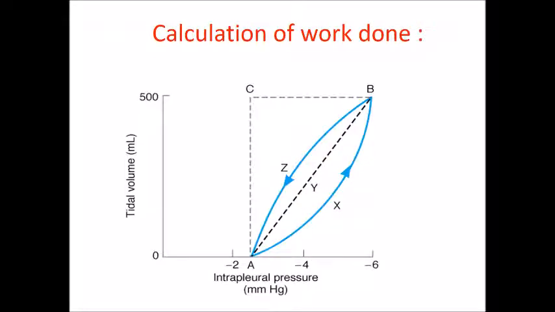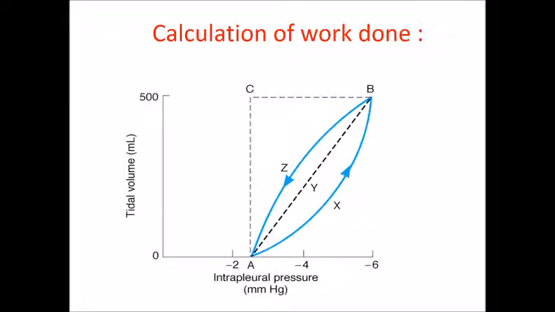Now this is our compliance diagram, delta V upon delta P. So on the y-axis there is delta V, the change in the volume, and on the x-axis there is change in the pressure. Here we have taken intrapleural pressure. You can see two blue lines, during inspiration and during expiration.